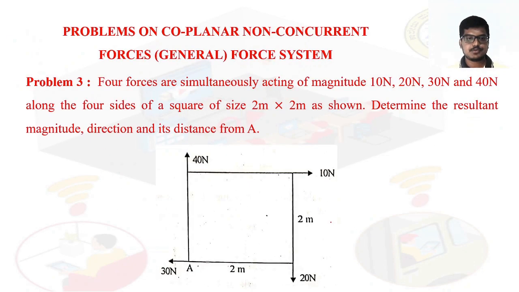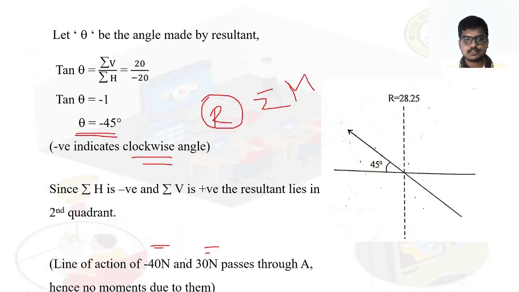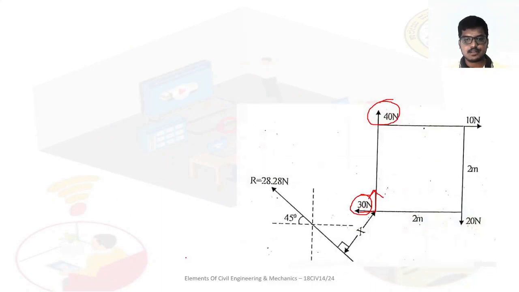We have to find the resultant distance from A, so the moment due to 30 Newton and 40 Newton will not be there.